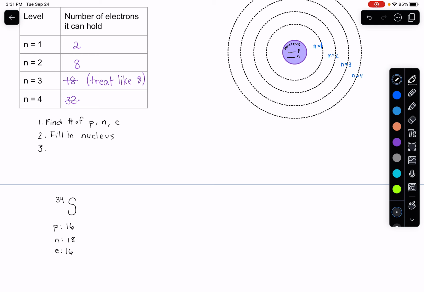The third thing you're going to do is fill the electrons, starting with n equals 1. We are only going to use as many rings as we need to, and we're always going to start with the smallest ring and work our way outward.